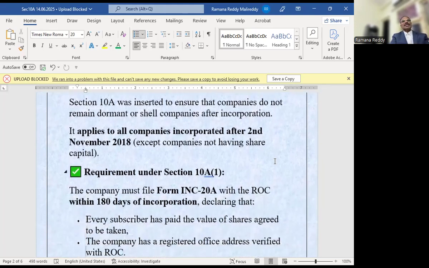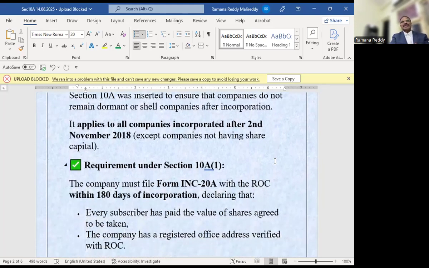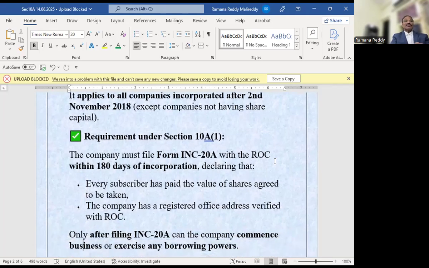So the requirement under Section 10A. After the presentation, I will take you to the official website of the Ministry of Corporate Affairs. I will show you the section, subsection, and explain in detail. The company must file INC-20A with ROC within 180 days of incorporation, declaring that every subscriber has paid the value of the shares agreed to be taken.